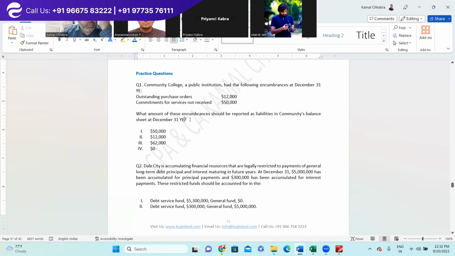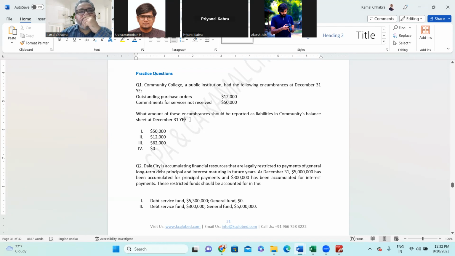Reading the top it says encumbrances, but below, reading outstanding purchase order, it seems you have already taken the purchase order and now you have to actually pay it. So I thought maybe a journal entry has to be recorded. No, how it happens is you issue the purchase order to the vendor, and basis the purchase order, the vendor makes the supplies to you.